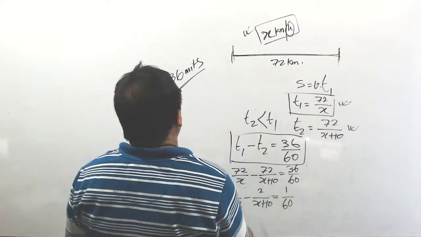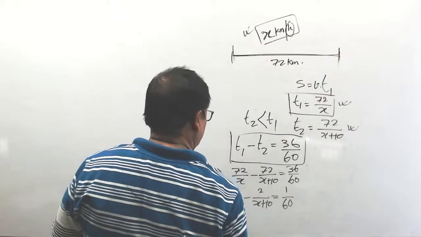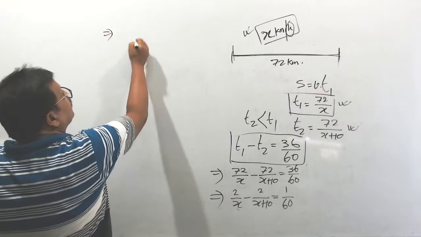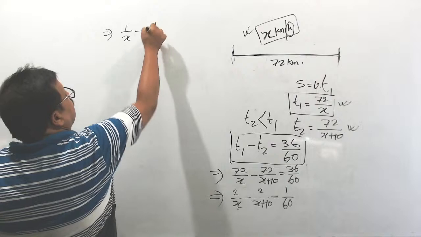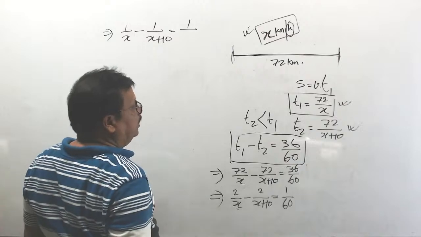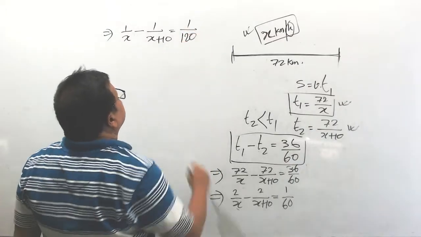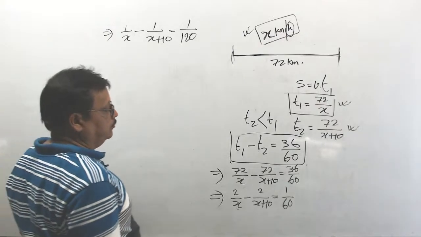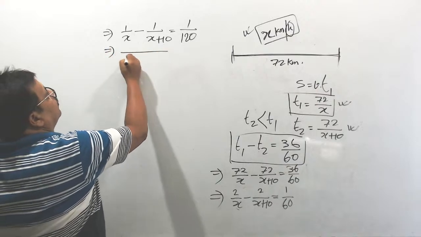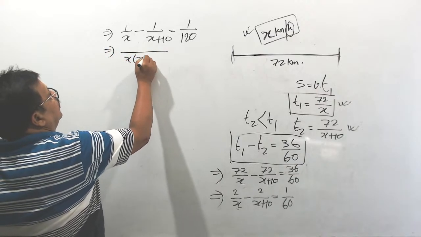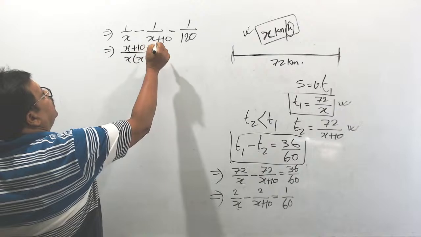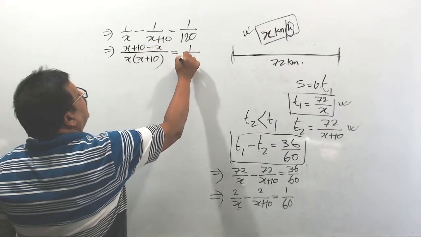Understood? Take 2 common, that is 1 by x minus 1 by x plus 10 is equal to 1 by 120, dividing both sides by 2. Now take the LCM, x into x plus 10: x plus 10 minus x is equal to 1 by 120.